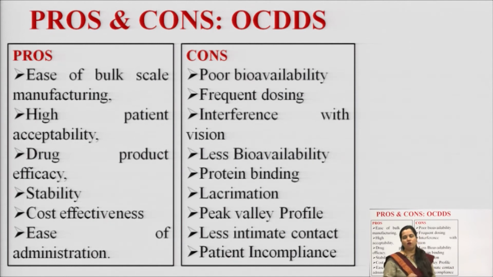So, these are some advantages, whereas different disadvantages are poor bioavailability of drug, frequent dosing, interference with vision, less bioavailability, protein binding, lacrimation, peak valley profile, less intimate contact and patient non-compliance.